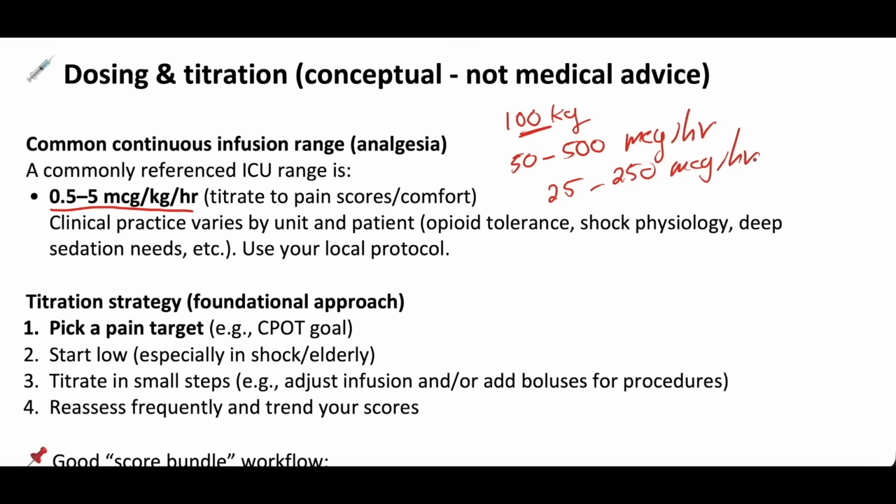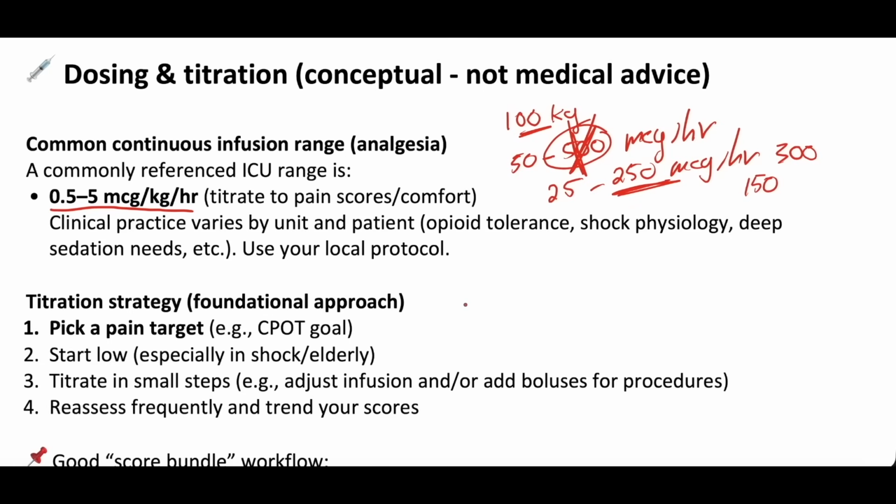And I'll tell you, anecdotally, at some institutions, sometimes 150 can be a max, sometimes 300 can be a max, so it's very uncommon to get to something like 500. But in patients who you're targeting kind of deep sedation or in severe pain or have some opiate tolerance, you sometimes might be getting up towards 250 or 300.